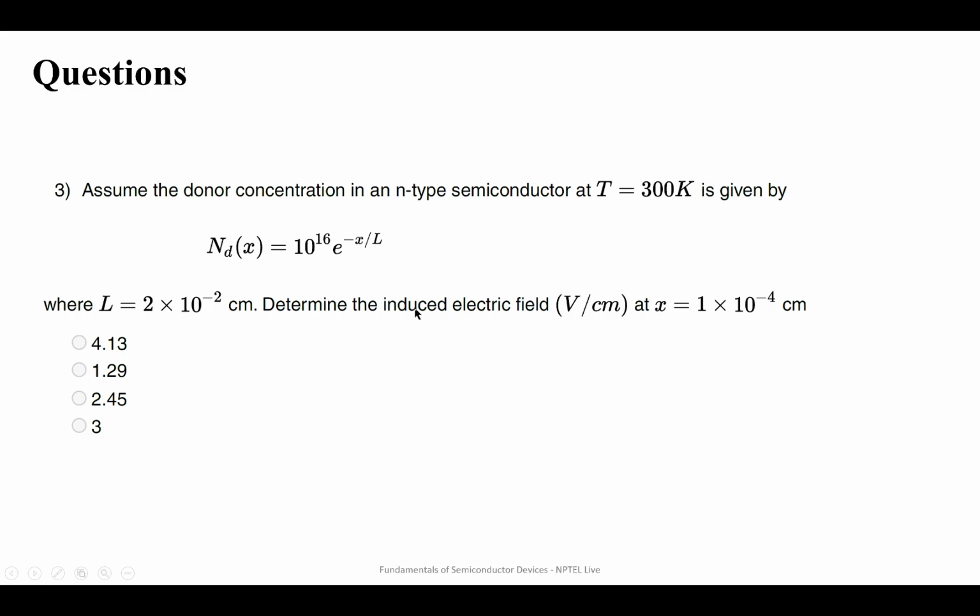Determine the induced electric field in volt per centimeter at x equals 1 into 10 to the minus 4 centimeter. So this is the question that we had seen in the recap lecture. Options are 4.13 volt per centimeter, 1.29 volt per centimeter, 2.45 volt per centimeter, 3 volts per centimeter.